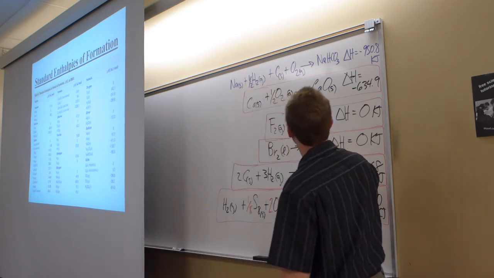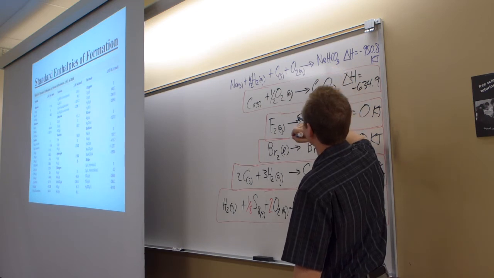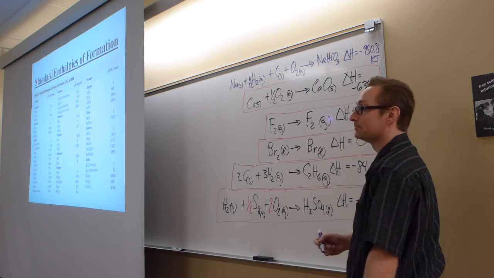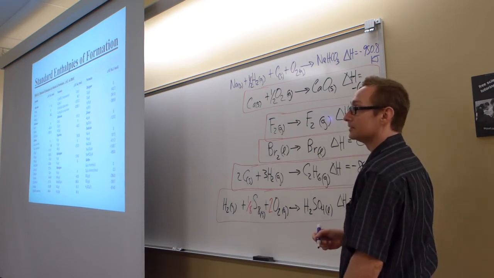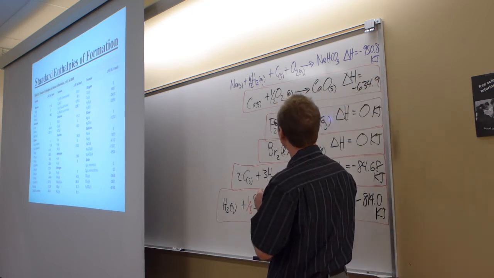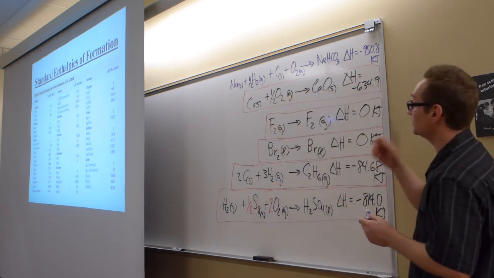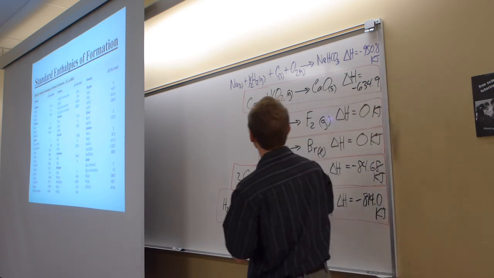All right, and then for carbon, we got one on each side. For oxygen, there's 3 there, but there's only 2 here. What do we do with that? What number times 2 gives me 3? 3 halves.